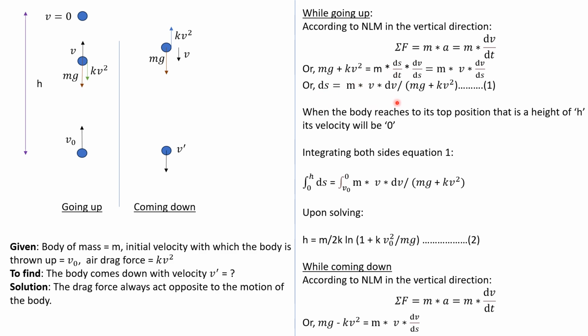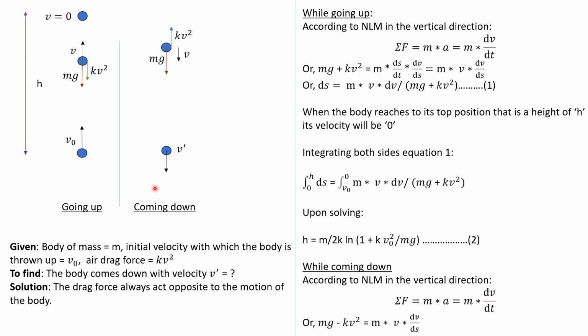After reshuffling the equation, we reach ds equals m v dv divided by mg plus kv square, equation 1. Now we will integrate equation 1 on both sides. The displacement will be from 0, where the body has been thrown up, to h, to which the body has ascended.